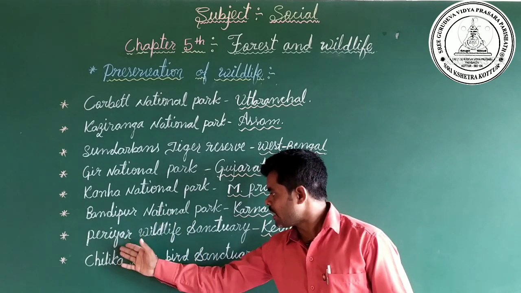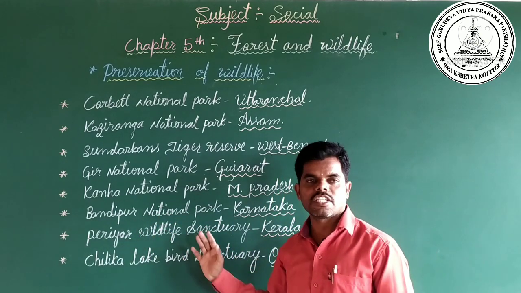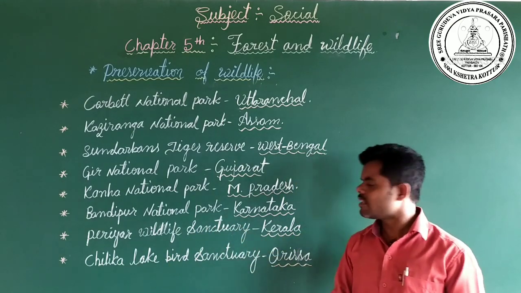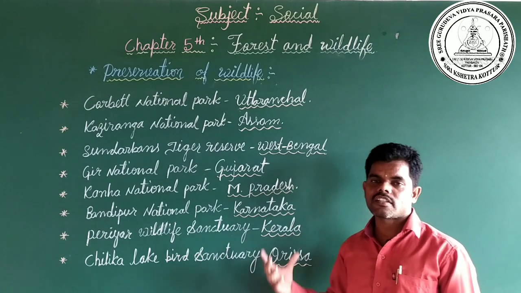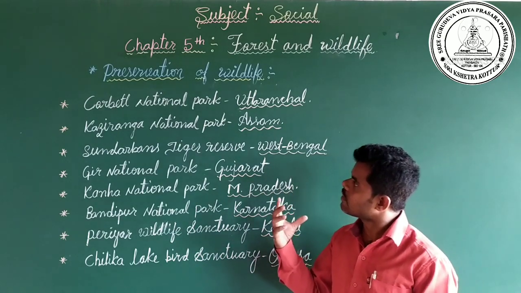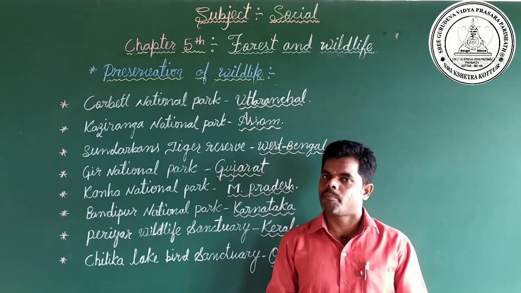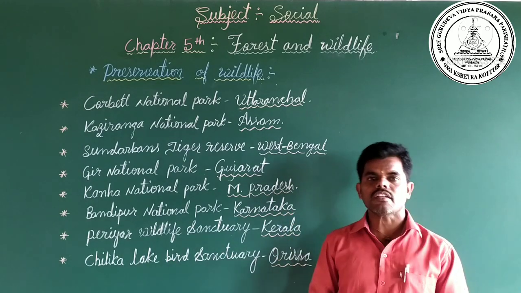Then next, Periyar Wildlife Sanctuary we can see in Kerala state. Then Chilka Lake Bird Sanctuary we can see in Orissa state. These are the bird sanctuaries, wildlife sanctuaries and national parks our government has set up in India.